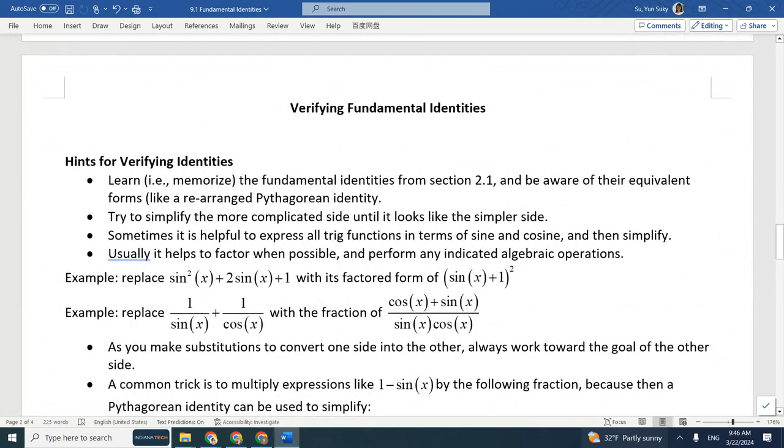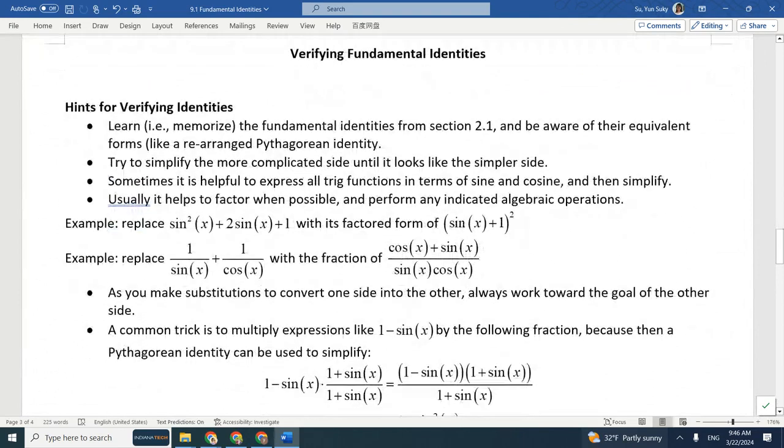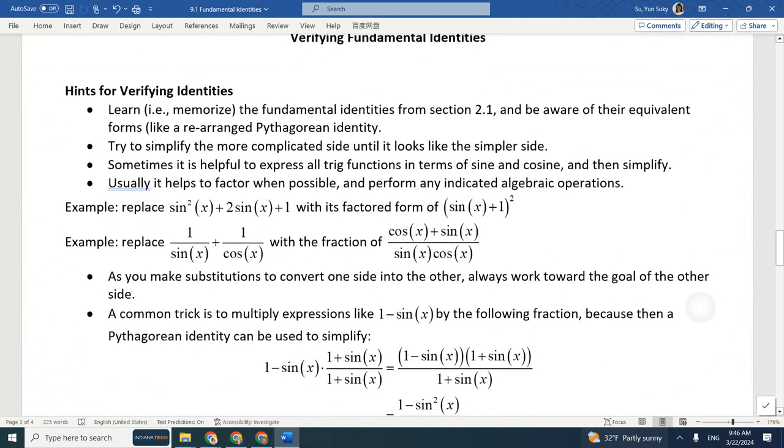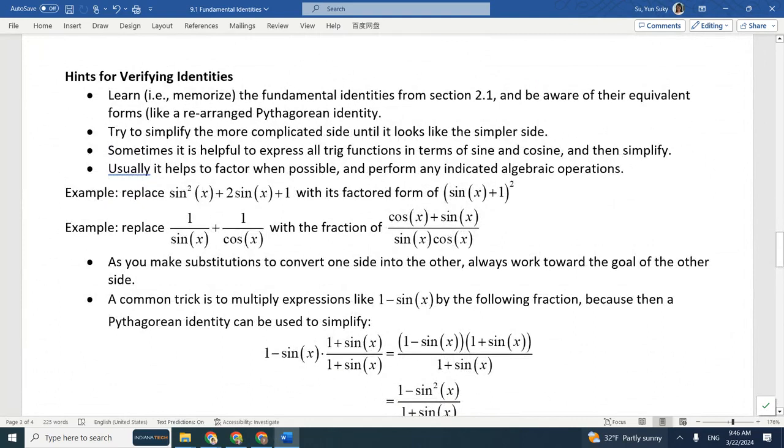And here, verifying fundamental identities. Let's talk about all of these, and then we'll do the example next class, Wednesday. So, hints for verifying identities. Learn, i.e., memorize the fundamental identities from section 7.1.